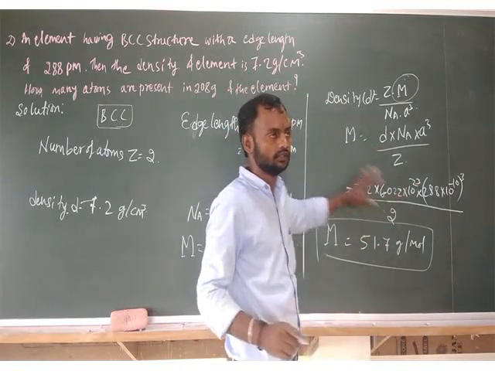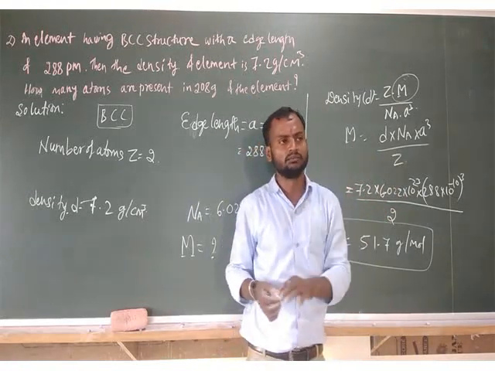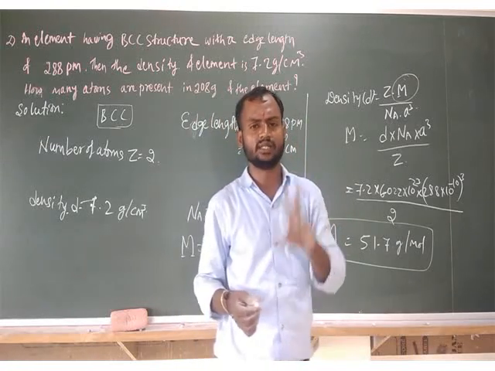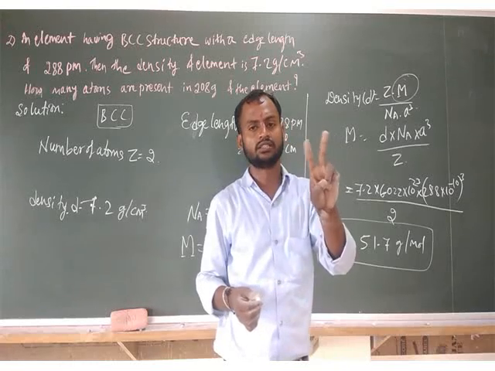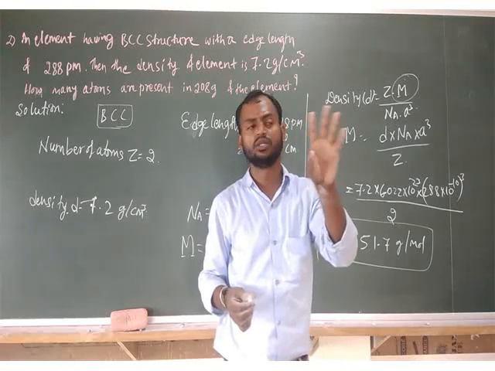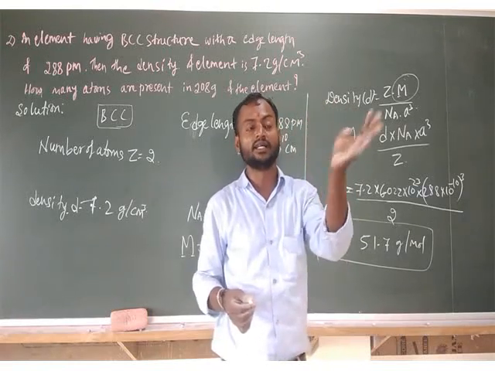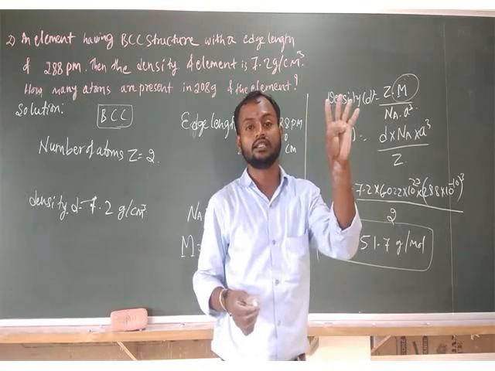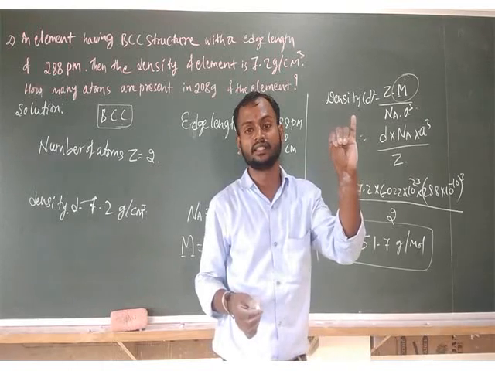So these are very important problems. These problems will 100% be asked in the annual examination, a compulsory 2 marks question. Only two concepts arise in the solid state. One is calculating the number of atoms present per unit cell: simple cubic, body centered, face centered and edge centered.